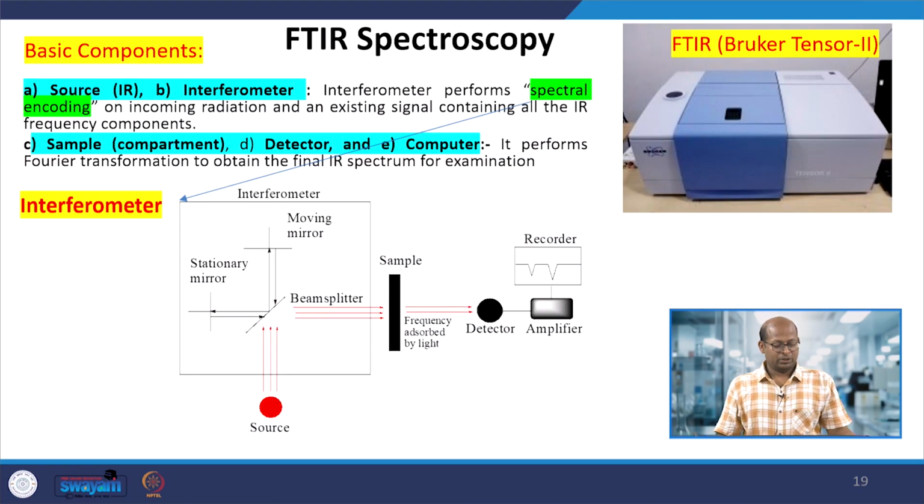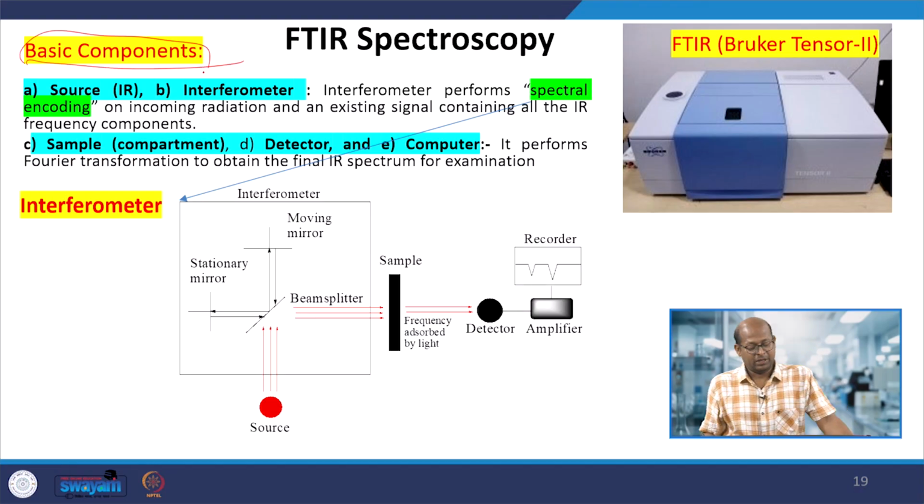Okay, so these are the basic components present in an IR spectrometer. Here is the IR source, then the interferometer, and then the sample compartment, detector, and of course a computer.